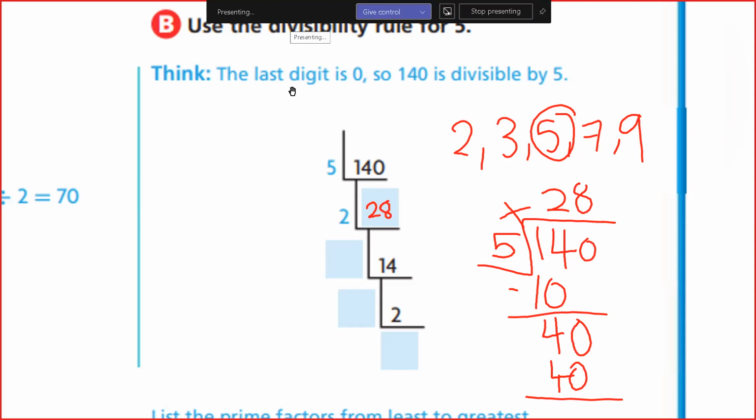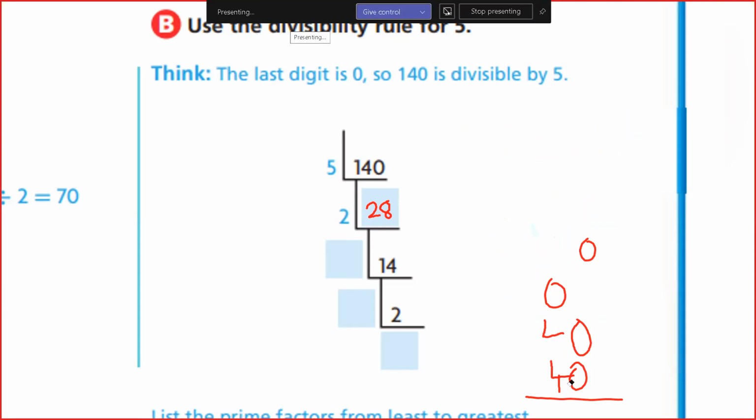Then now here, 28, you have to divide it by 2, because 2 is a prime number. 28 by 2 is 14.